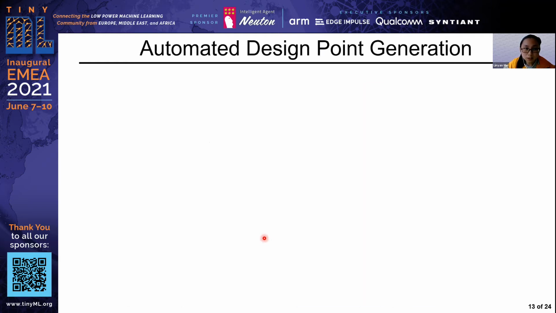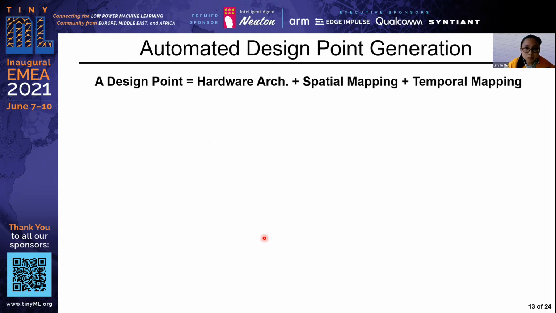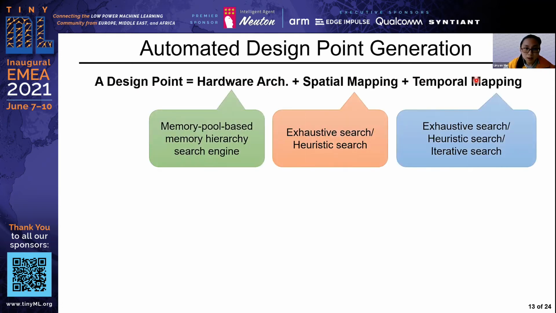And then the third one is, after we have this standardized hardware cost estimation, we want to automatically generate the design point. We define the design point as the hardware architecture plus the spatial mapping plus the temporal mapping. For each of those different design perspectives, we have developed several search engines or search methods.